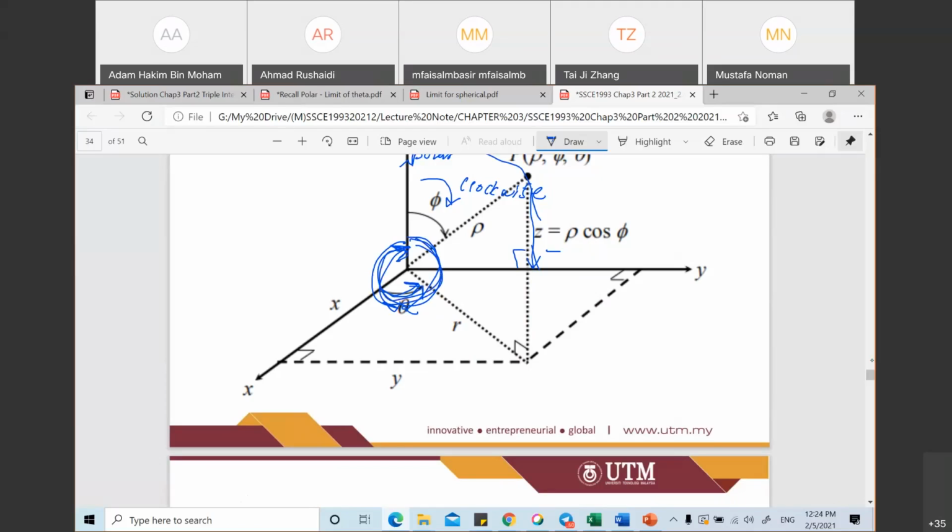This is the maximum, because this side and this side are identical for a sphere. For your syllabus, you just have to know that it is 0 to pi. Later I will find more reason why the maximum is pi. There are some reasons there.